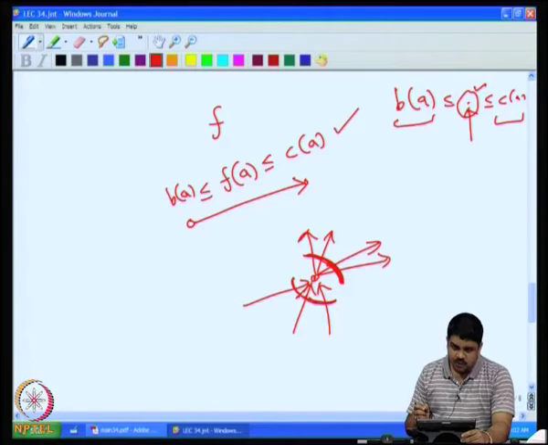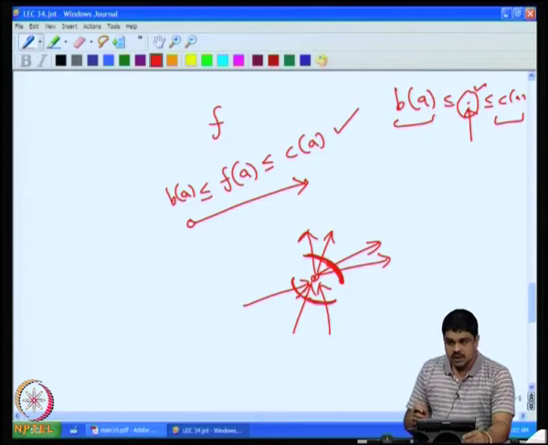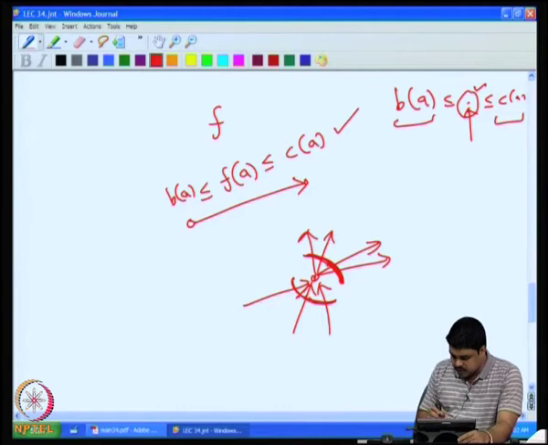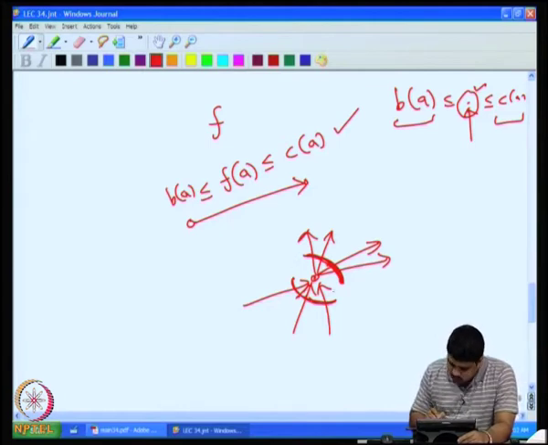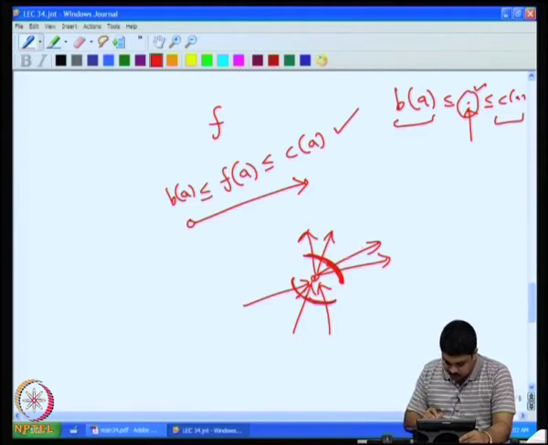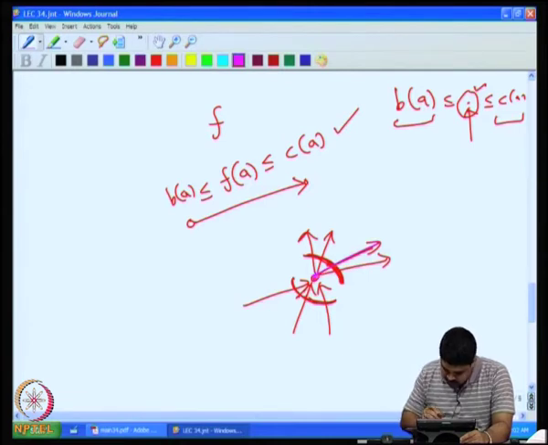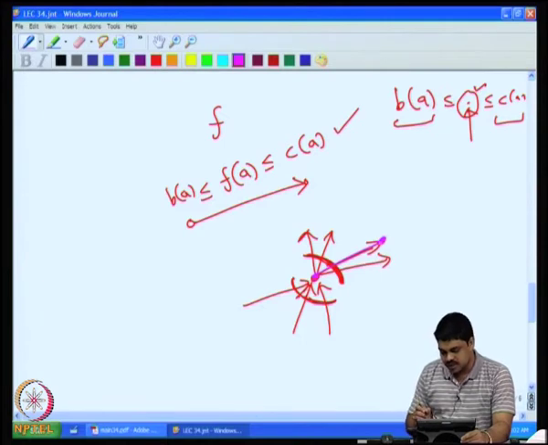So, is it possible that all of them have only positive excesses? It cannot be so, because if you sum up over all vertices, as we have already seen, each edge will contribute to the positive term of one vertex and the negative term of another vertex, therefore, it will cancel off.